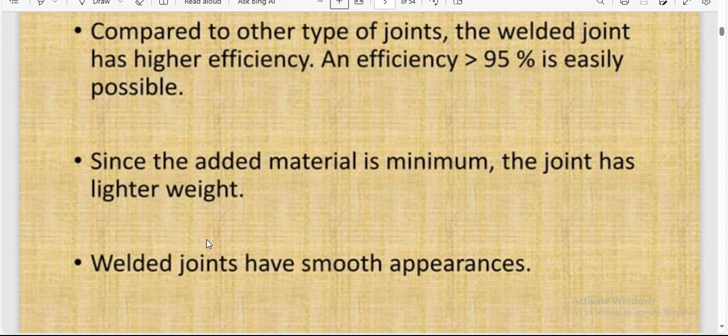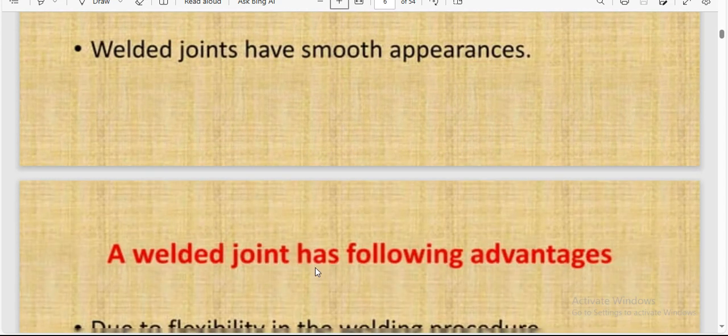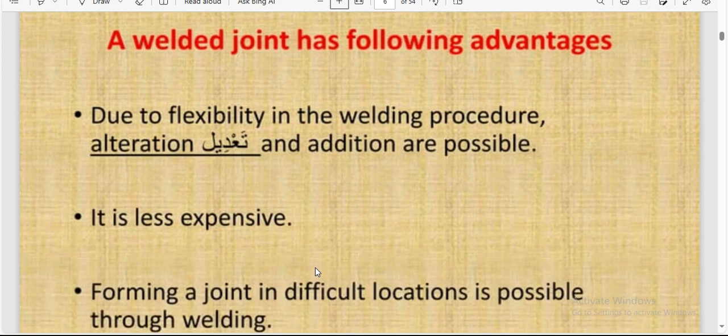The third one is that welded joints have a smooth appearance. After we finish the joining process, the surface of the two base metals is smooth. That is also an advantage of welded joints. Due to flexibility in welding procedures, alterations and additions are possible.